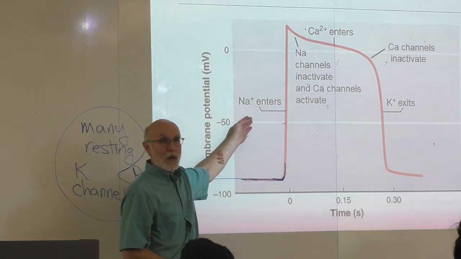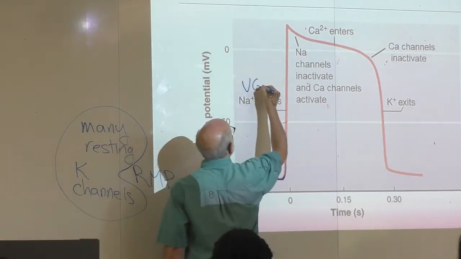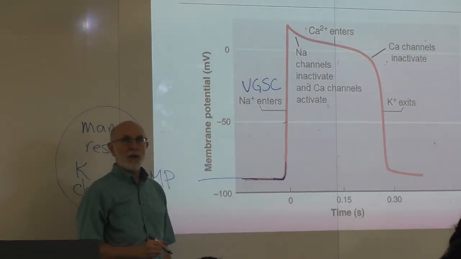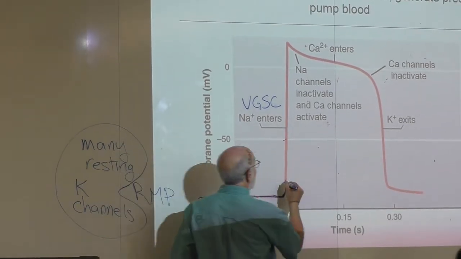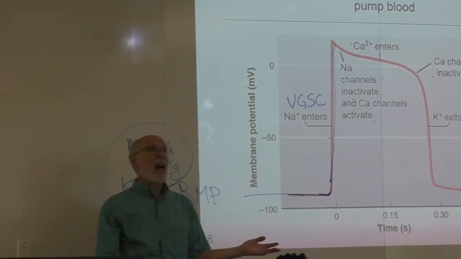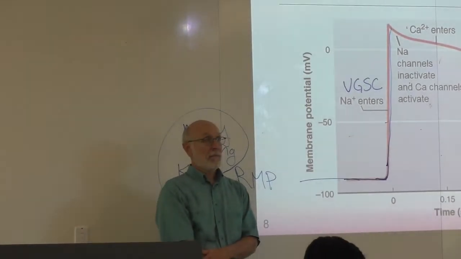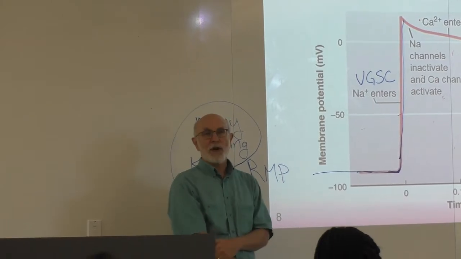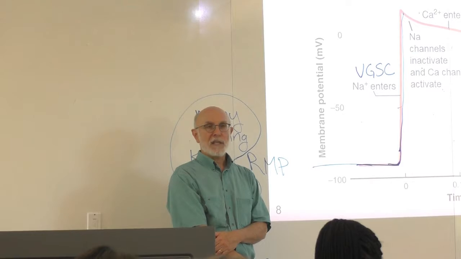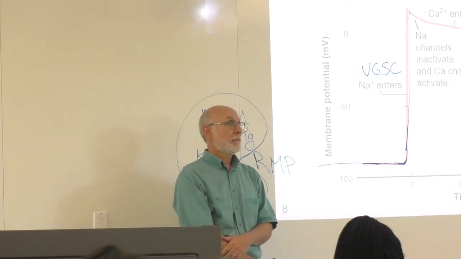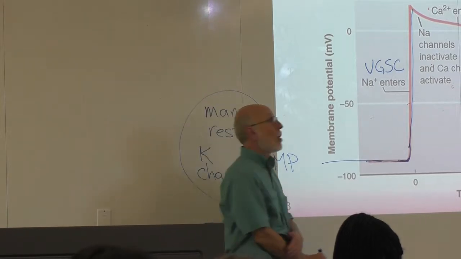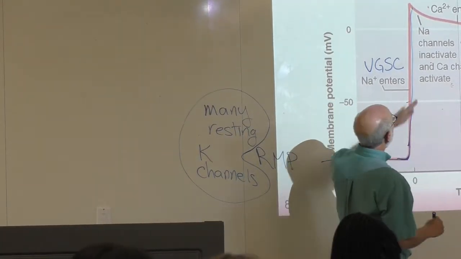Voltage-gated sodium channels open, and we get a fast depolarization because we have a lot of them. This is just like in the nerve that we talked about in A&P1.